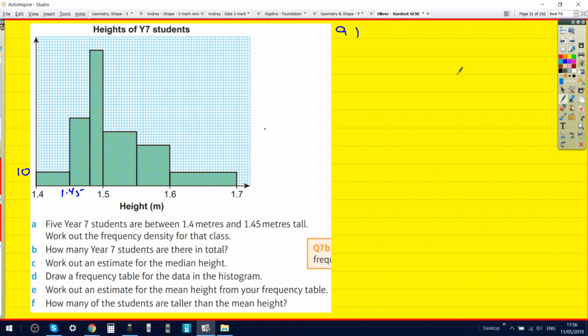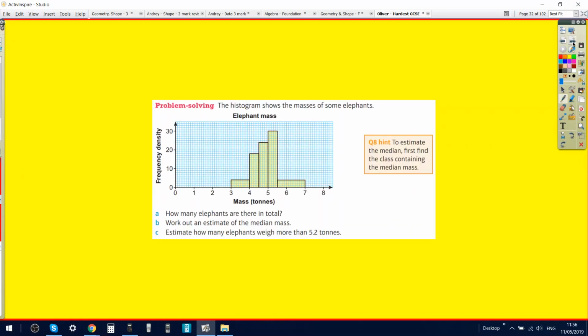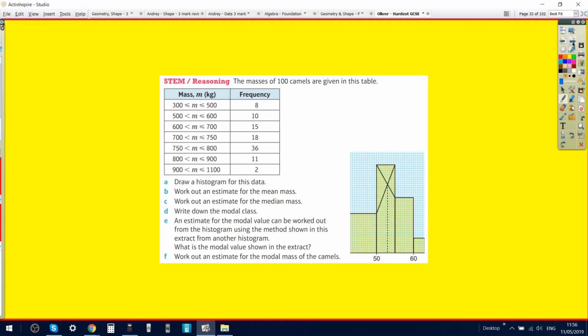Let's take a look. We're gonna have medium height, a frequency table for the data, an estimate for the mean. Okay, how many elephants are there in total? Estimate the median. Draw a histogram. Mean, median.